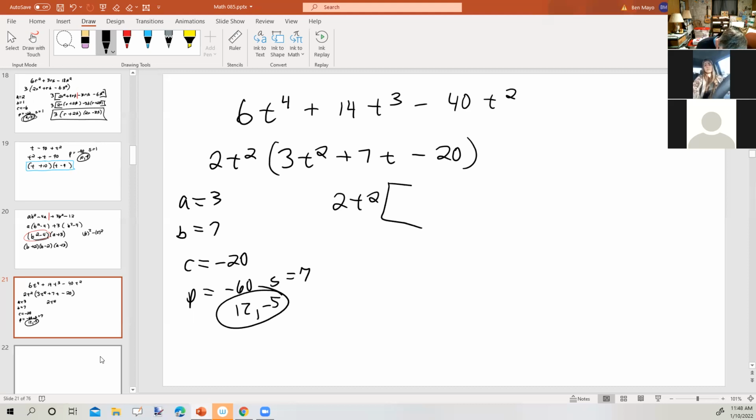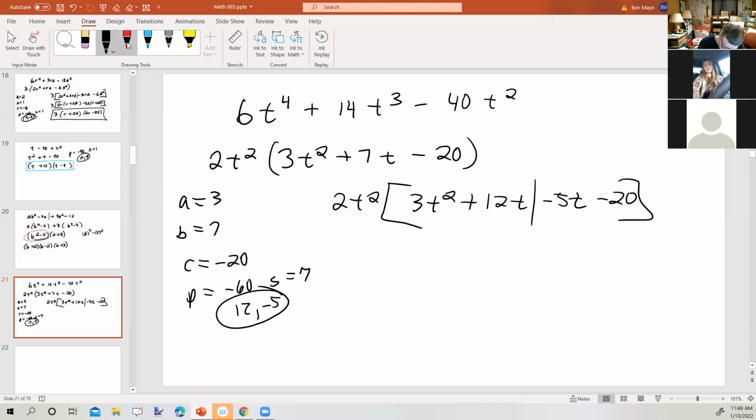2t squared, 3t squared plus 12t minus 5t minus 20. Oops, wanted that in red. Doesn't really matter. Factoring by grouping. Now I get the red when I didn't want it.